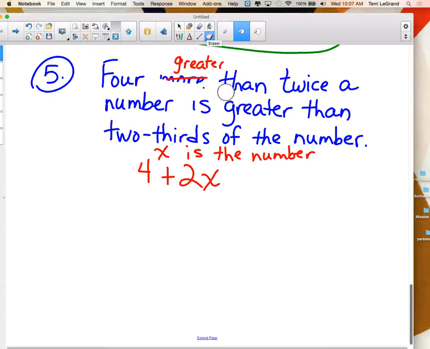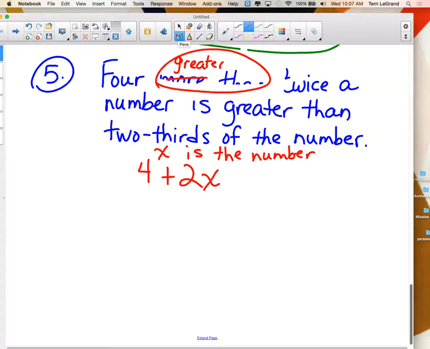So this means addition. So that's why we have addition there. Twice a number is greater than. Oh, right there, there's our inequality symbol, right? Is greater than. Does it say or equal to? No. 2/3 of the number. What would we write for that? 2/3 x. So we have to be able to set up the inequality statement properly before we even want to try and solve it.